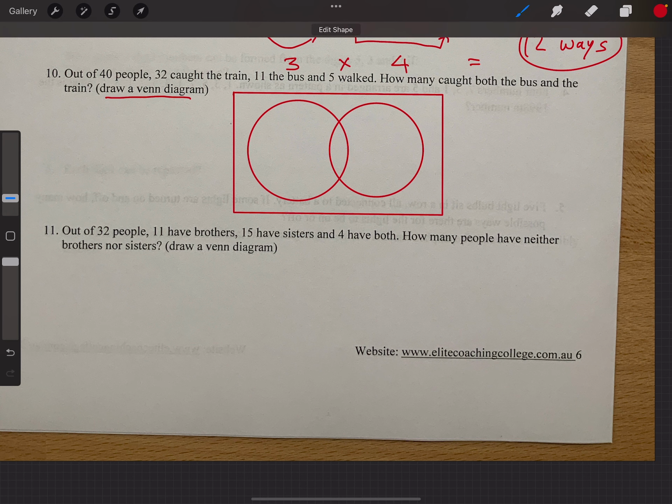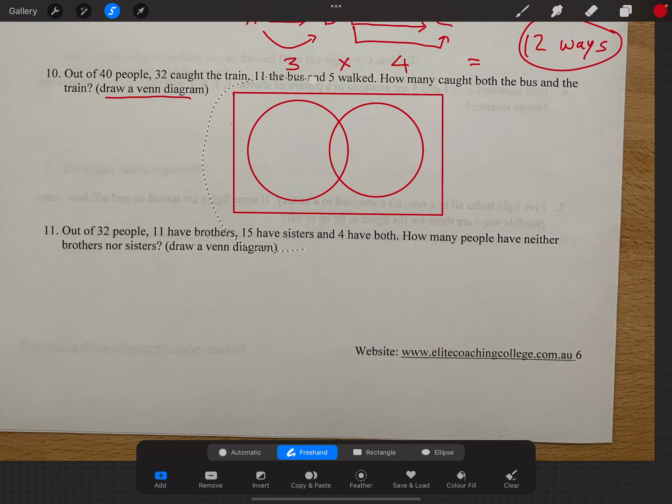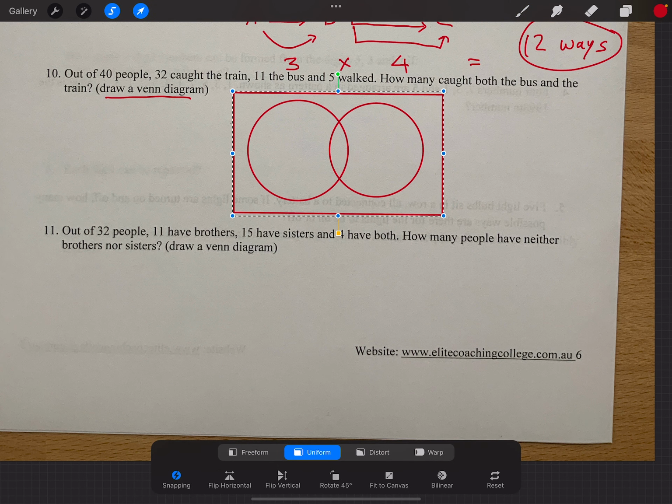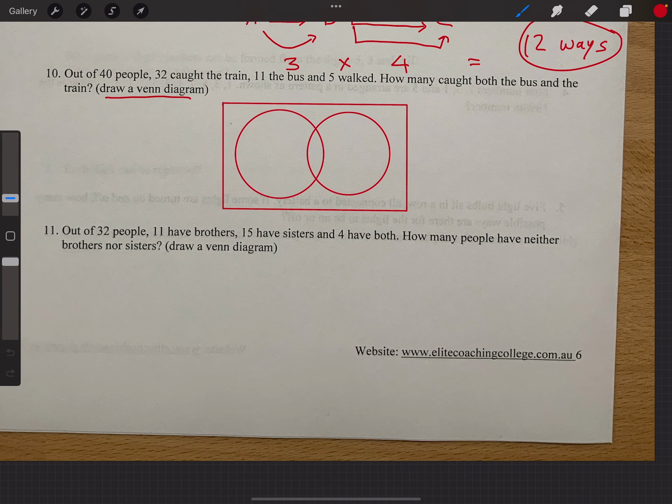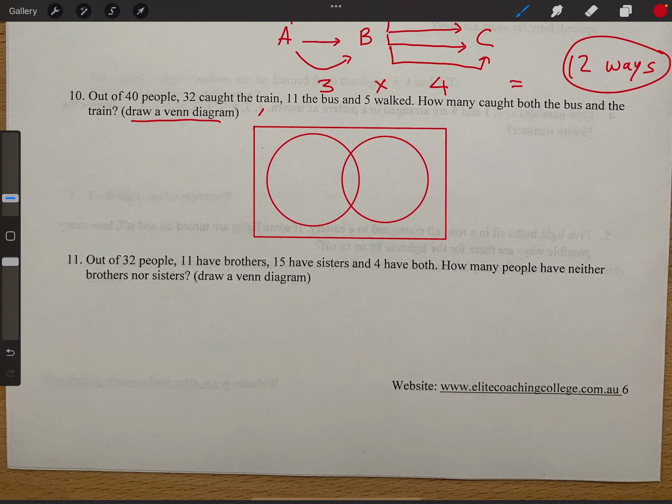Okay, now it says out of 40 people, that means, let me just shrink this down. I think I drew it too big. There we go. Okay, now there are 40 people here. Okay. 32 caught the train, so we have train.